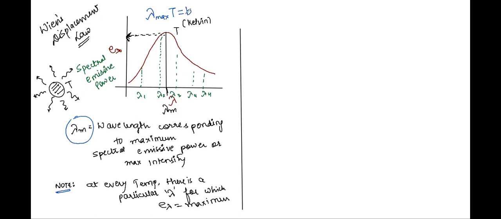This is called Wien's displacement constant, and its value is nearly 2.9 into 10 to the power minus 3 meter Kelvin. You can definitely guess the units, right? Because wavelength's SI unit will be meter, and for temperature, it's going to be Kelvin. So B is equal to 2.9 into 10 power minus 3 meter Kelvin.